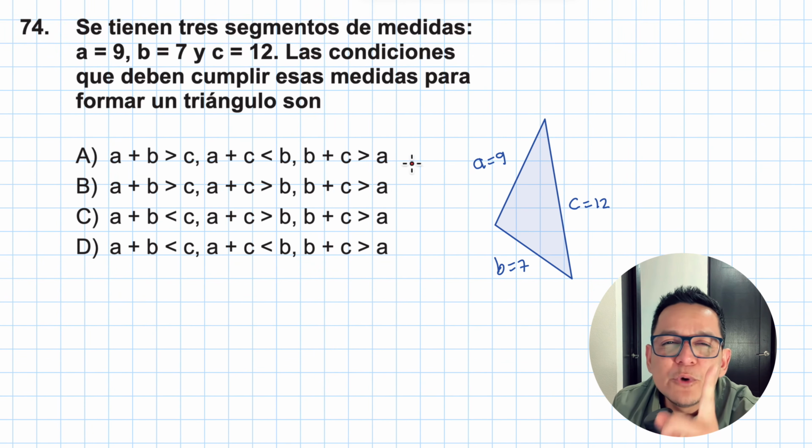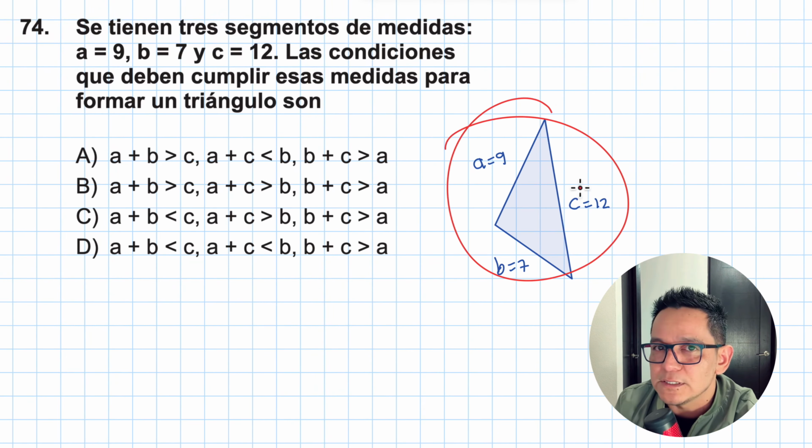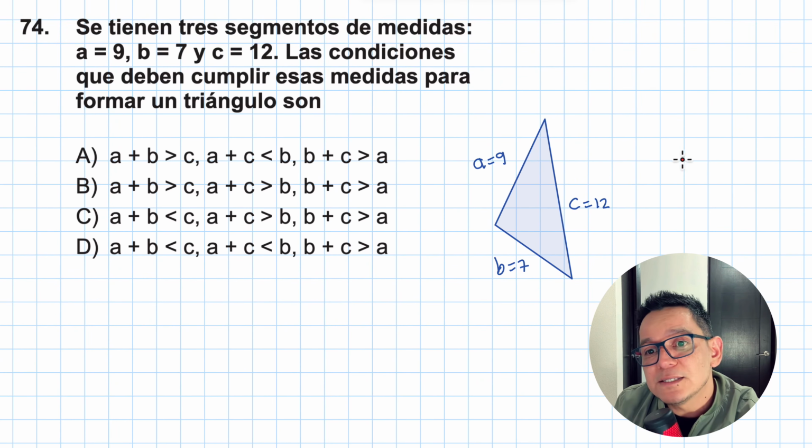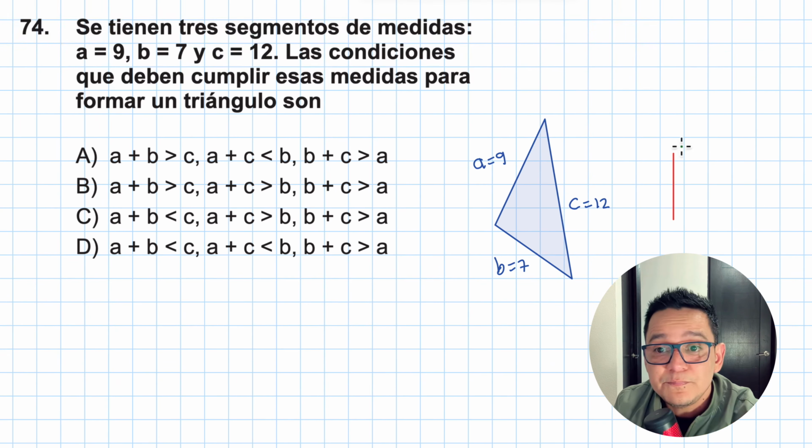Why can't it be? Not just for those measurements, but for any triangle. Think about it. What would happen if I have a stick that measures that, and another stick that measures that? I'm going to put them like this. I want to form a triangle with these two. Obviously, I could bend them. But now think about it. The other stick I have measures from here to over here.